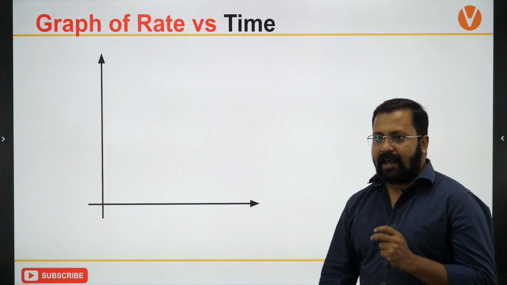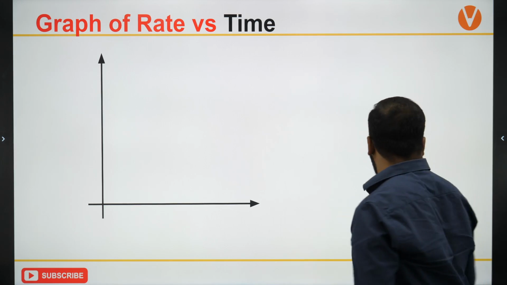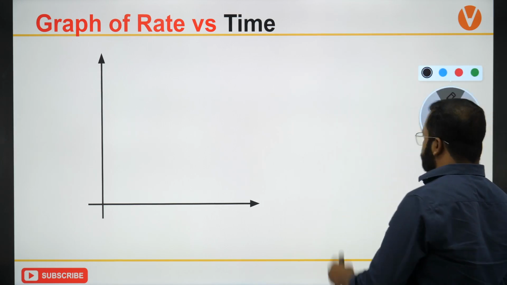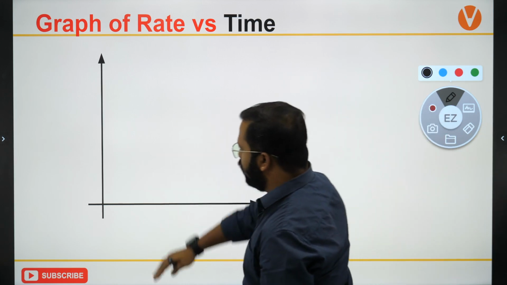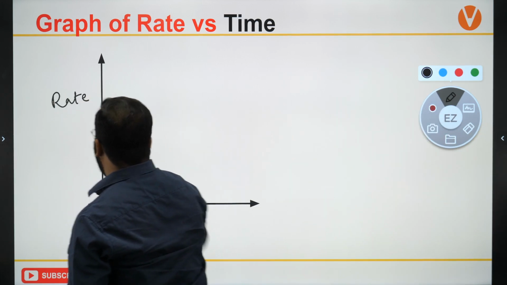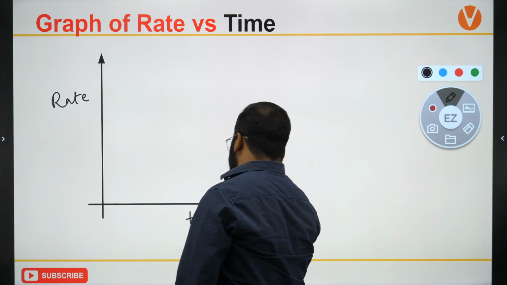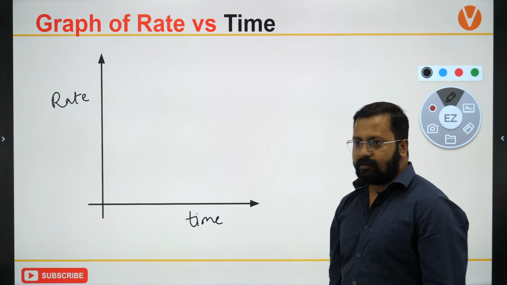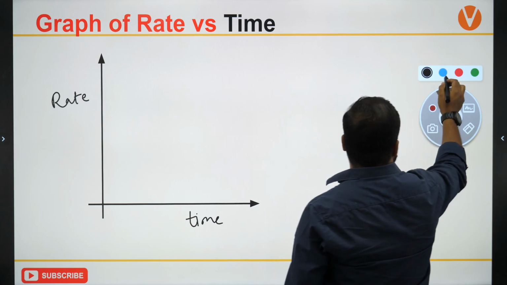Now if I want to draw the rate versus time plot, so rate of zero order reaction versus time, what will the plot look like? The plot will look like this.